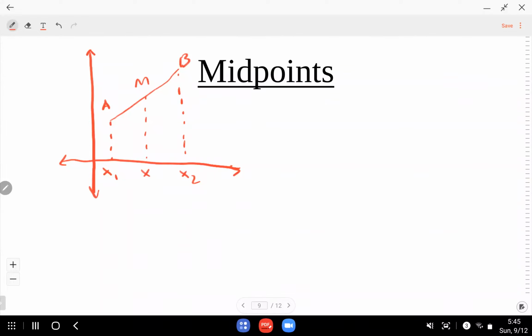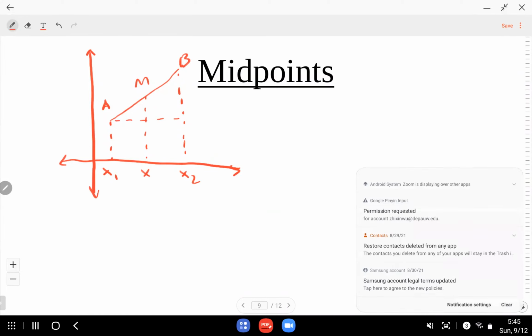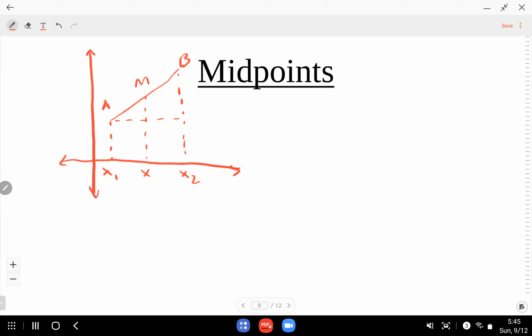What we need to do is use similar triangles. I'm sure most of you know how to use similar triangles, right? We're going to use similar triangles.